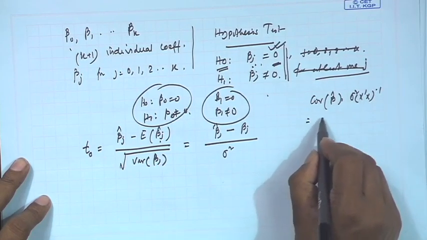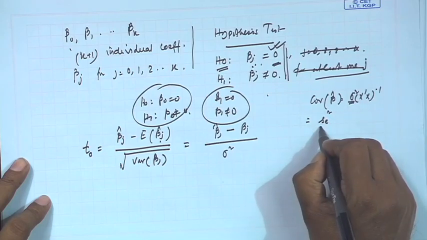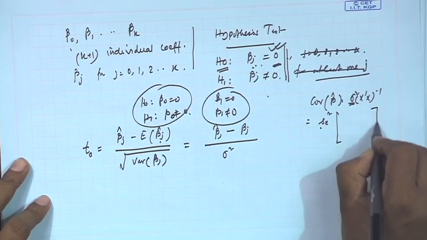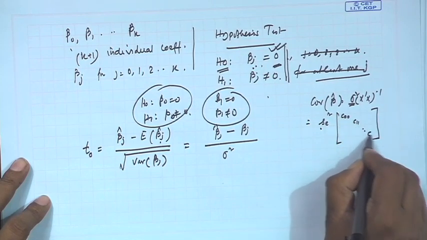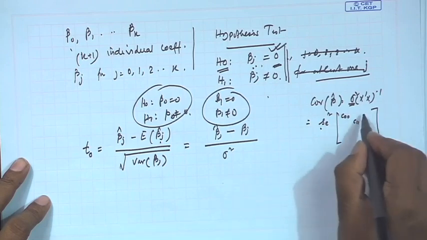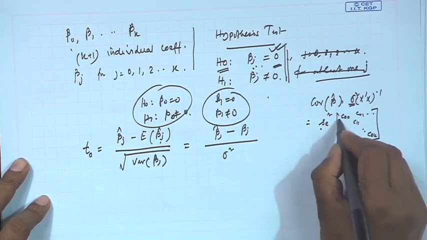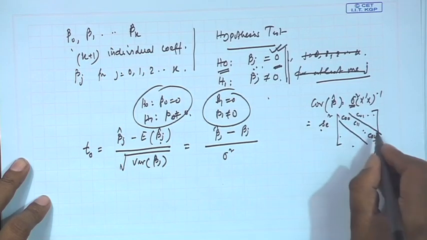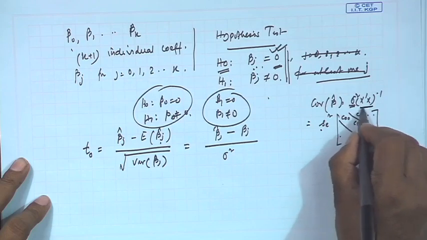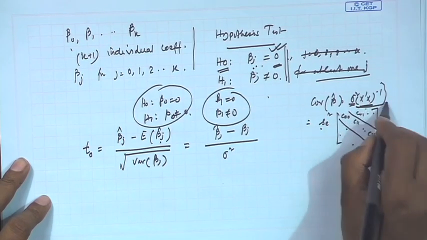If we assume the estimate is sigma cap square, this is multiplied by the matrix with diagonal elements C 0 0, C 1 1, up to C k k, and the off diagonal elements like C 0 1 are the covariance components. These C 0 0 and so on are the components of (X transpose X) inverse.